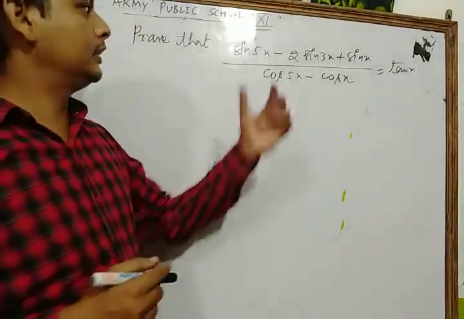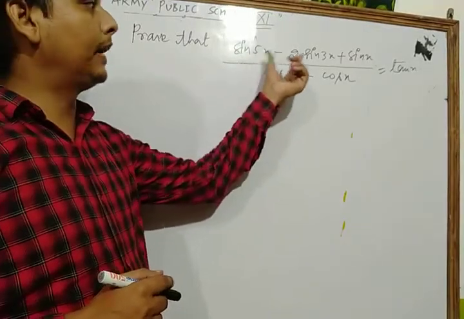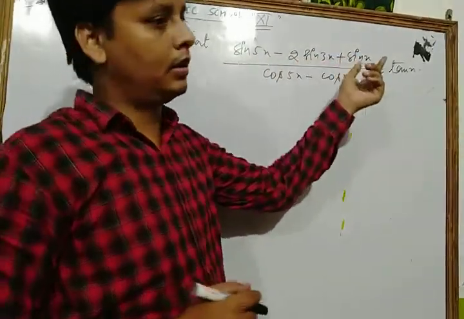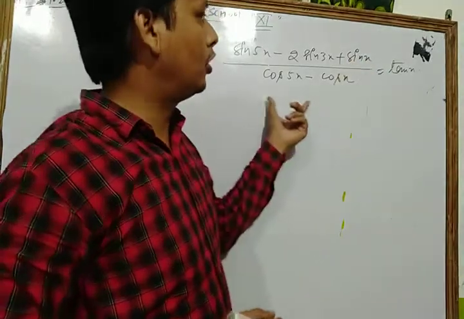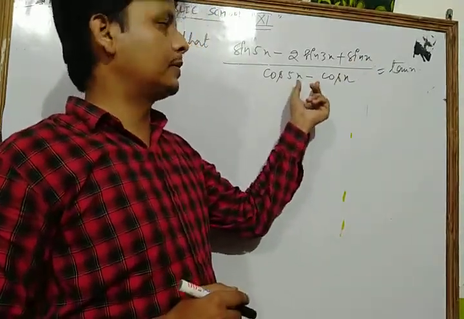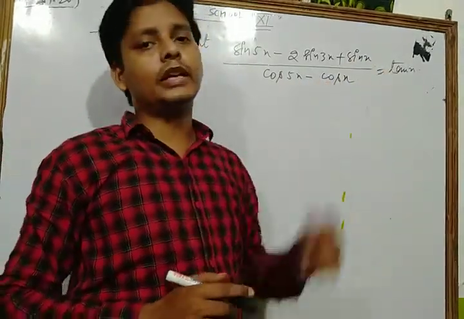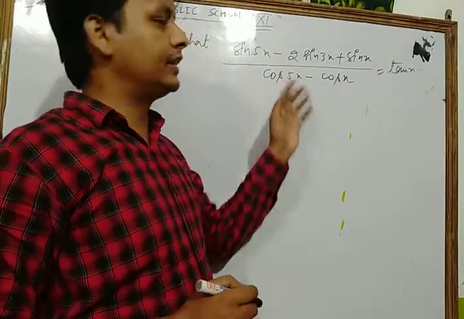We have to show that sin 5x minus 2 sin 3x plus sin x upon cos 5x minus cos x is equal to tan x. Okay, so first we take the left hand side.